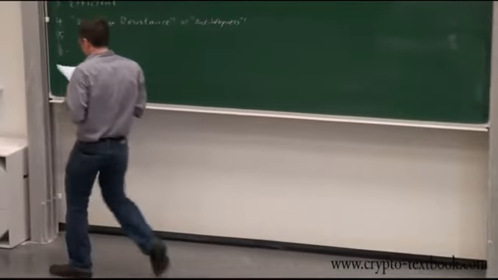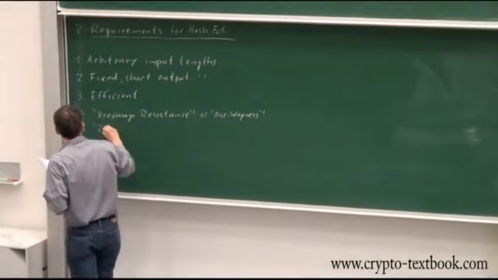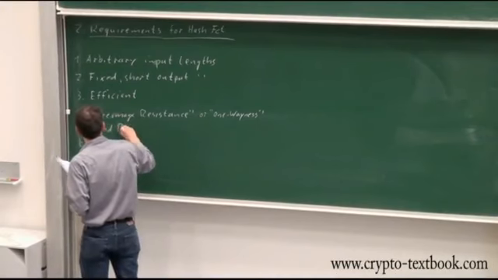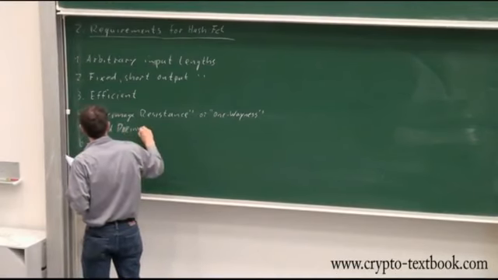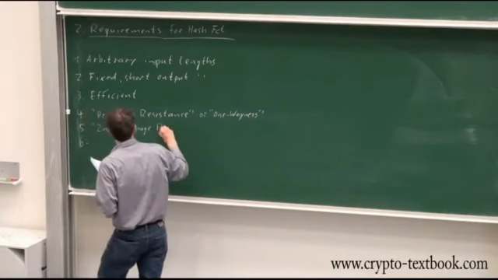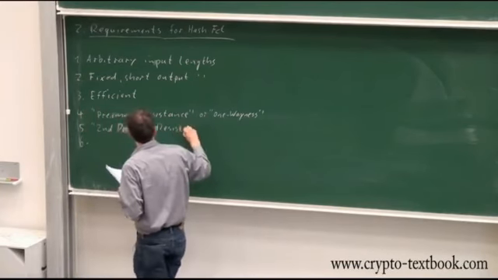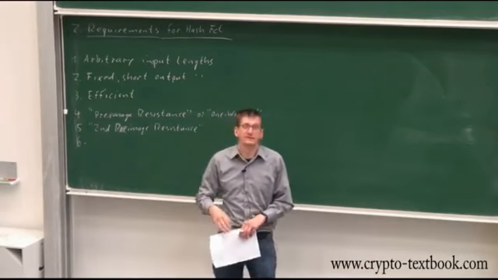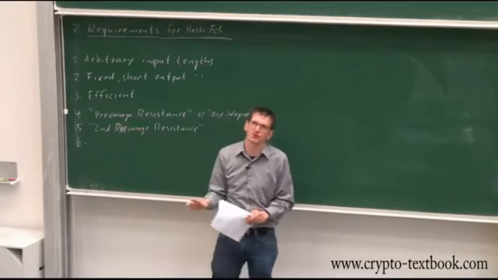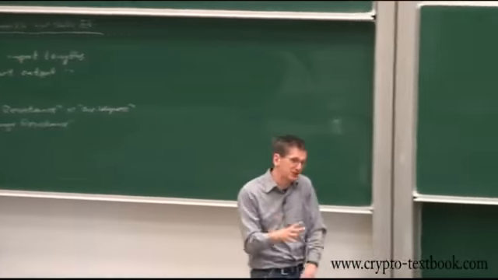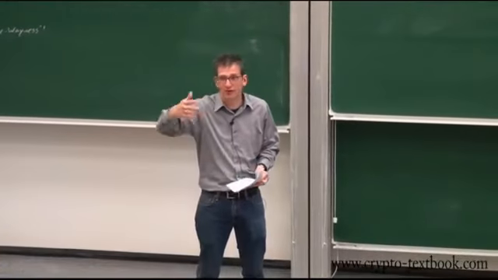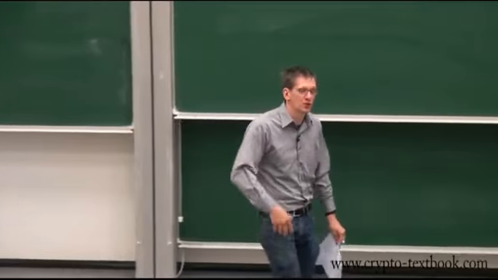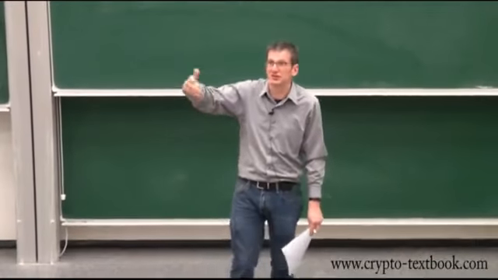Then the second one is called second pre-image resistance. Pre-image is a term I hate because it's far too complicated. What they mean with pre-image is input, okay? Das Vorbild, but not like an idol, rather the previous image, or the input image.